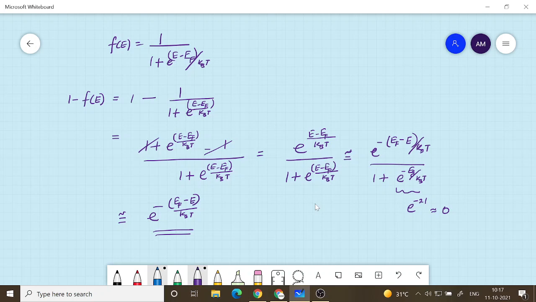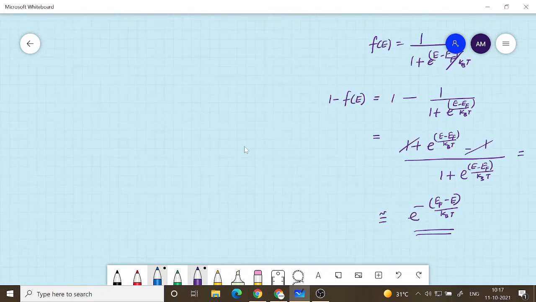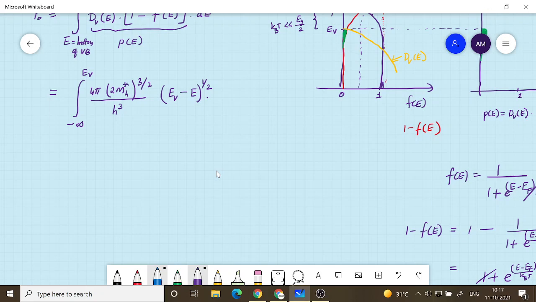So you neglect it, and now you are neglecting the second term with respect to 1. Earlier we neglected 1 with respect to the other term, because that was a huge term. Now we are neglecting the negligible term with respect to 1, and then we write it like this. This is what we are going to use in the integration to simplify: e raised to minus EF minus E by kBT. So this is our 1 minus f approximation.